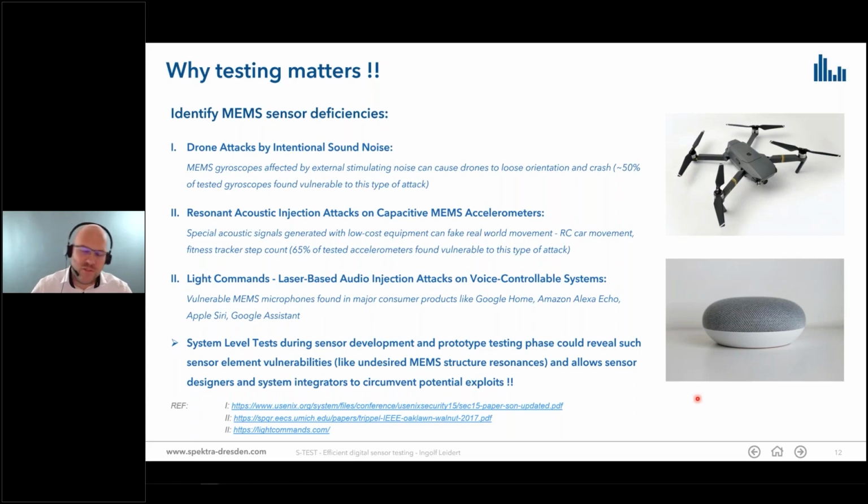I picked here 3 relatively prominent examples of MEMS sensor deficiencies and attacks, actually. The first one here is a drone attack. The drones were attacked by very intentionally created acoustic noise, but with that, it was possible to create influence on the accelerometers inside these drones, and so they were able to crash drones.